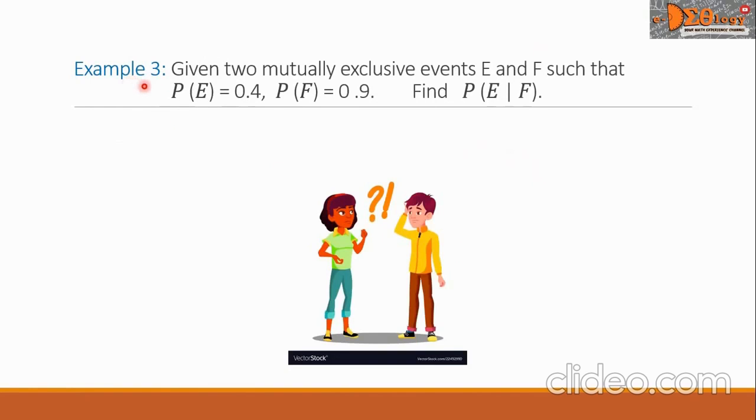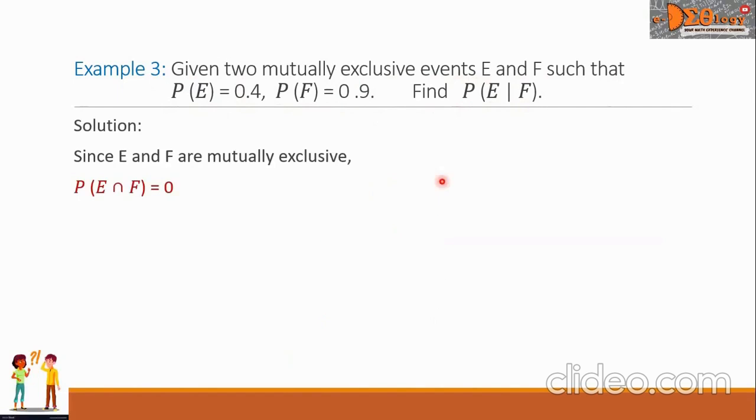Let's have example 3. Given two mutually exclusive events, E and F, such that P of E equals 0.4 and P of F equals 0.9, find P of E given F. For our solution, since E and F are mutually exclusive, it means the P of E intersect F equals 0.